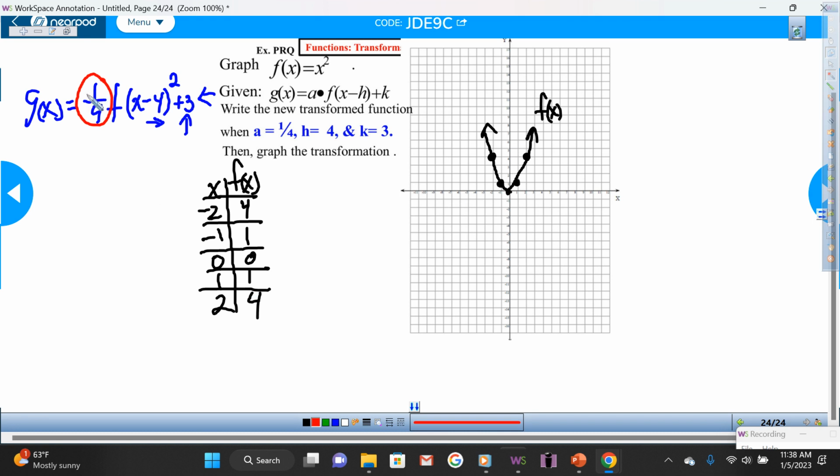Next, we need to make a table for the stretch or compress. So next to it, you're going to write x and 1/4 times f of x. Once again, the x values stay the same: -2, -1, 0, 1, 2. All right, here we go. I'm going to start with the first.